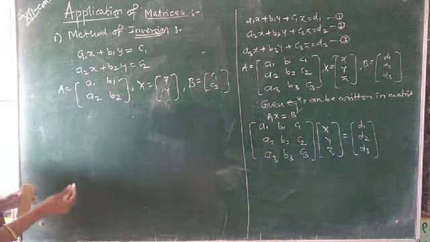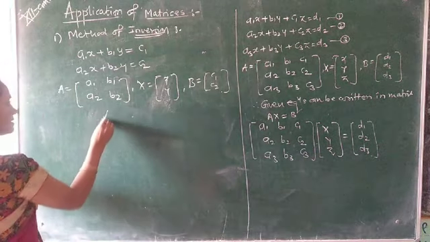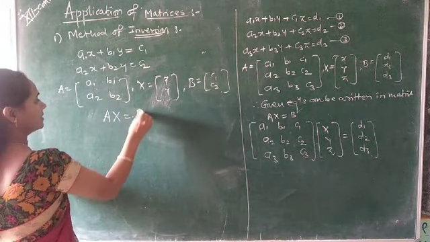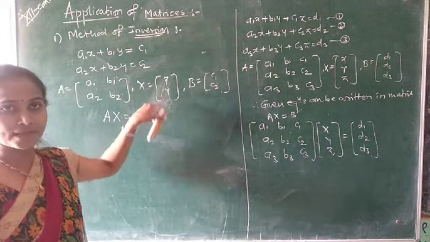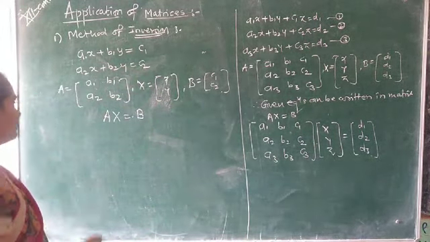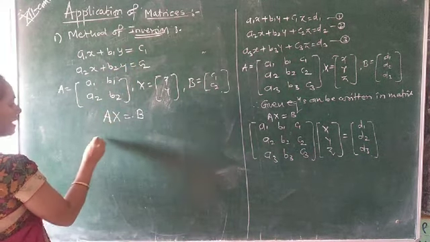The given equation can be written in matrix form as AX is equal to B, and we have to find the values of x and y by using the method of inversion. So here I am pre-multiplying by A inverse.